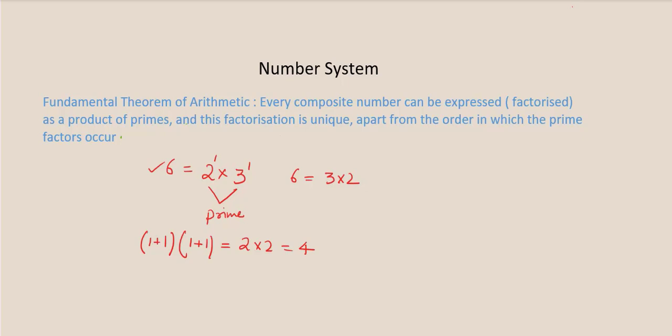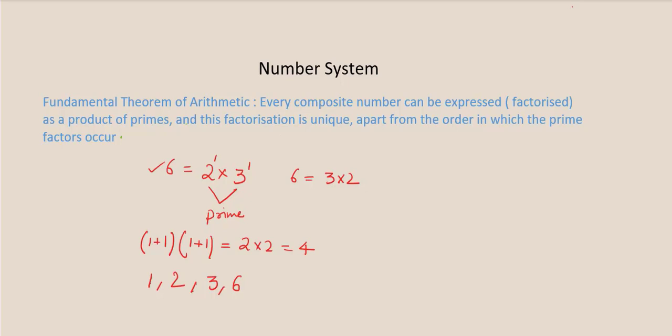So the available factors of 6 are 4, meaning 1 is a factor of 6, 2 is a factor of 6, 3 is a factor of 6, and 6 is a factor of 6.